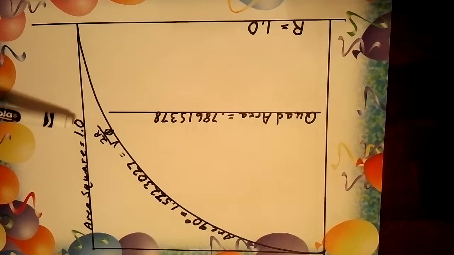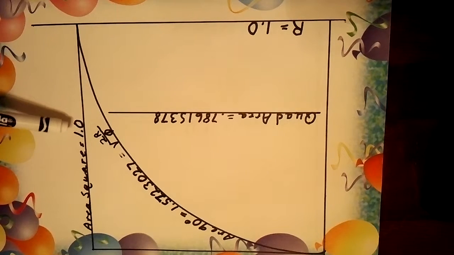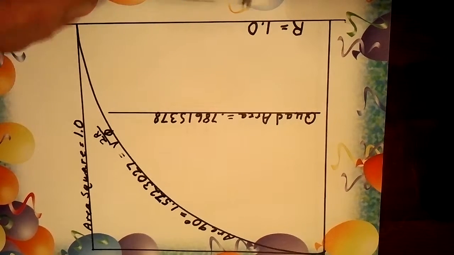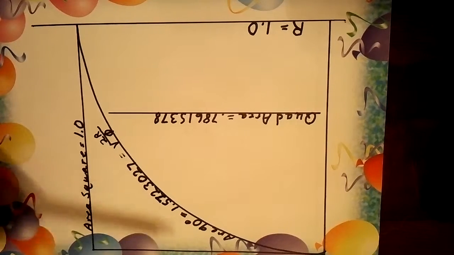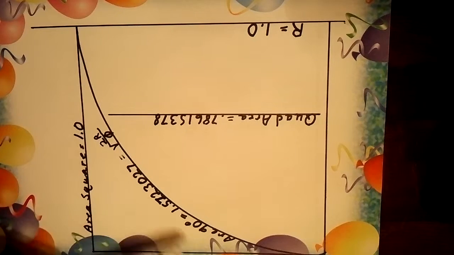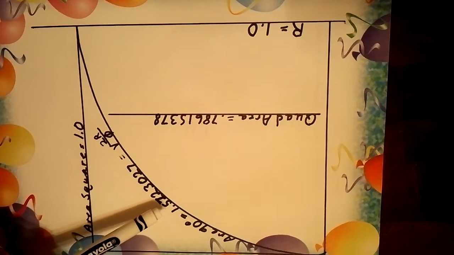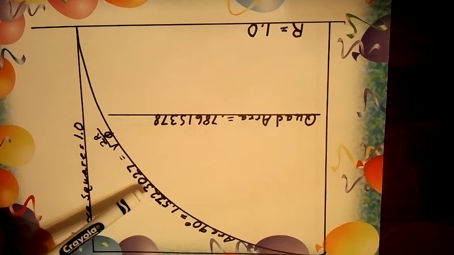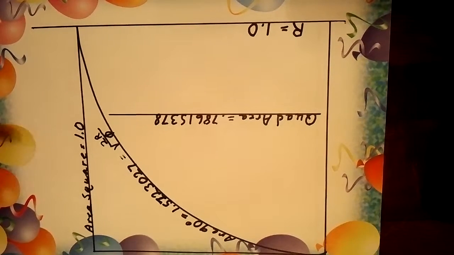The area of the square is 1.0. 1 times 1 is 1.0. Now 2 over the square root of phi will give you 1.5723027.